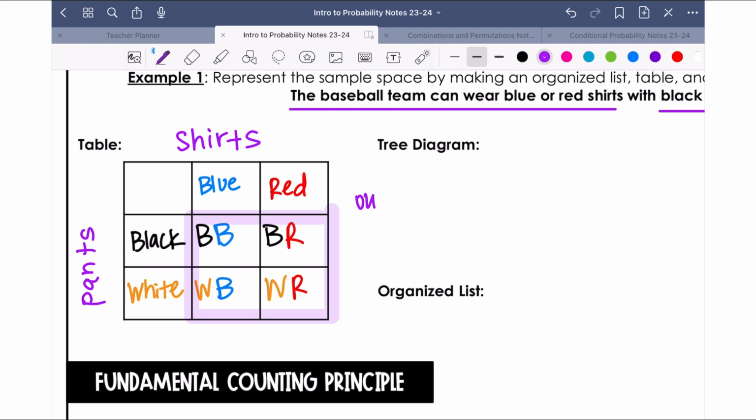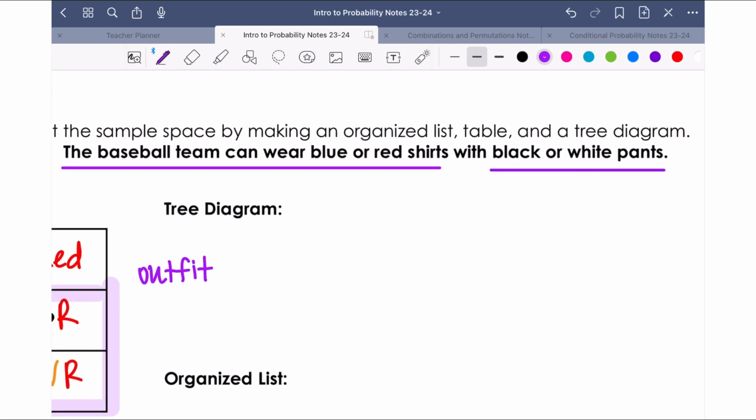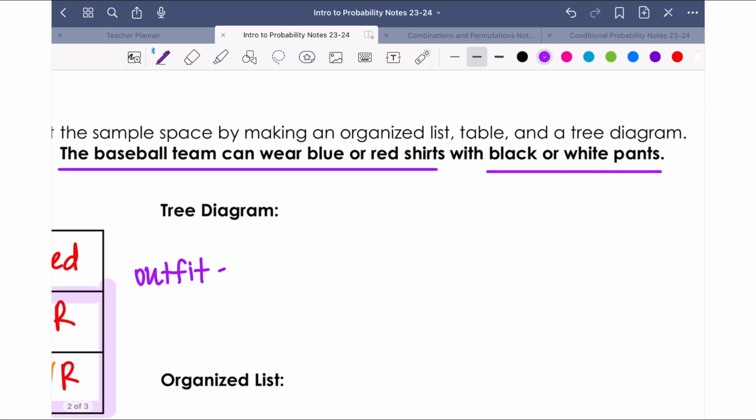Okay. All right, let's do a tree diagram. So we're talking about outfits. Okay. And what the players can wear. So a tree diagram has like these branches. That's why they call it a tree diagram. So they can either wear black pants or white pants.